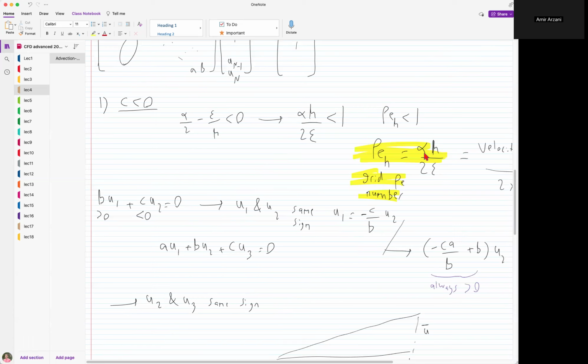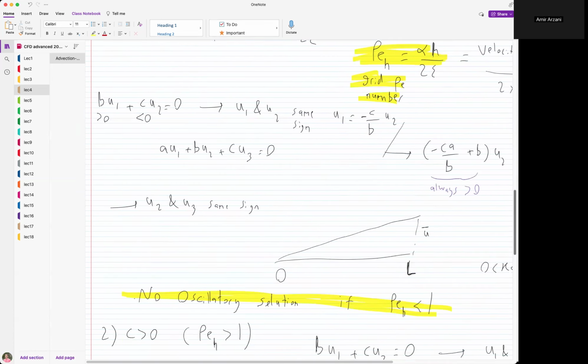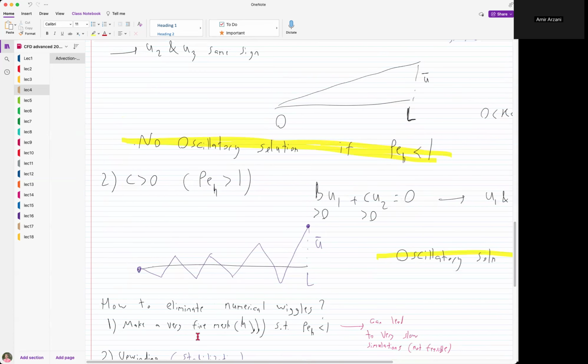This is what you're given. These are the known parameters of the problem. The only parameter you can control in your grid Peclet number is the mesh edge size h. So what it means is that if you want to solve this problem, your first choice is to make a very fine mesh, so h being very, very small, such that you can ensure that your grid Peclet number is less than 1.